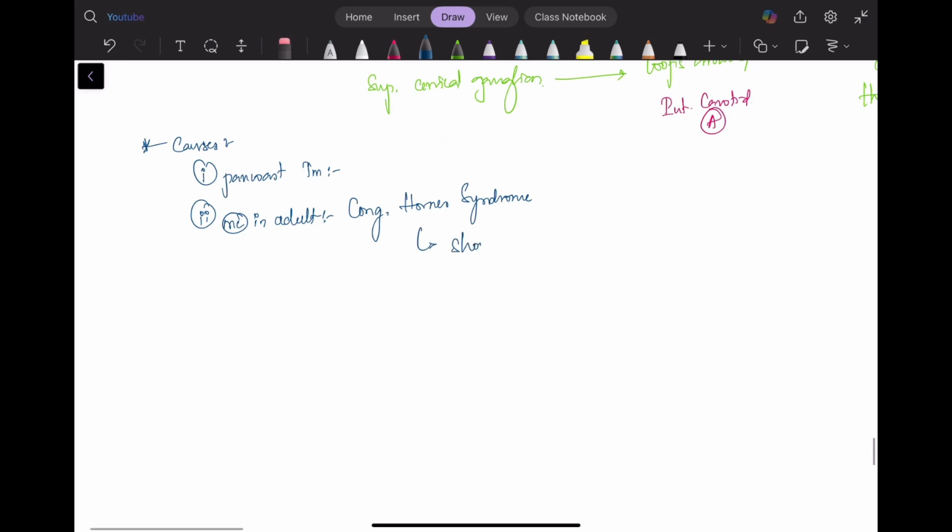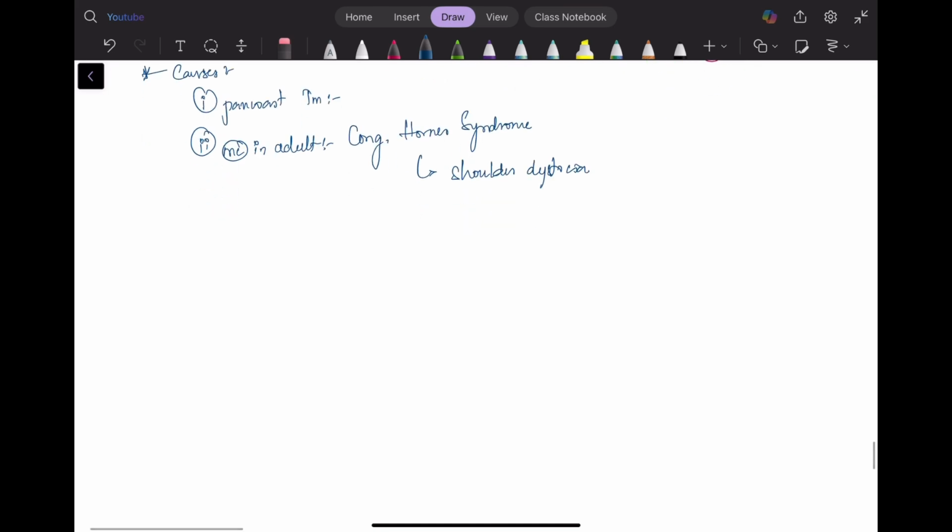So we see shoulder dystocia. Comment and let me know which structure in the brachial plexus is damaged in shoulder dystocia.